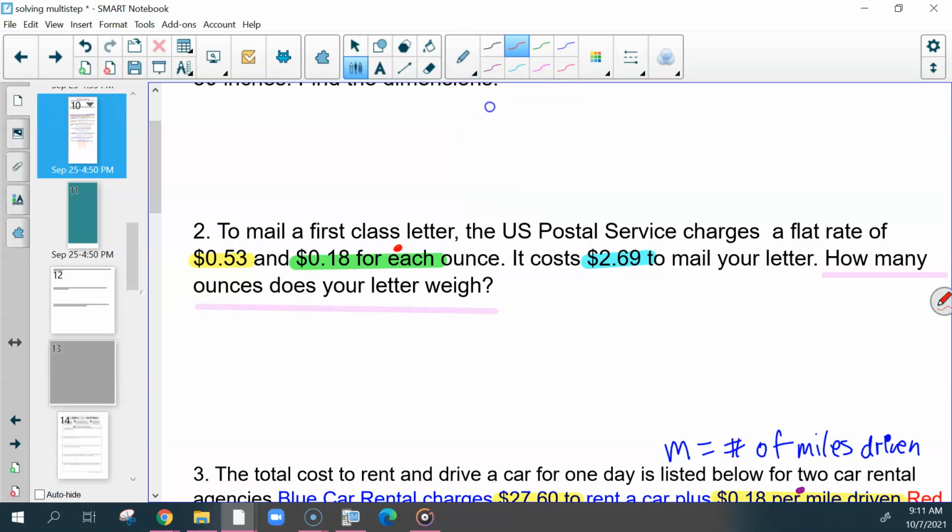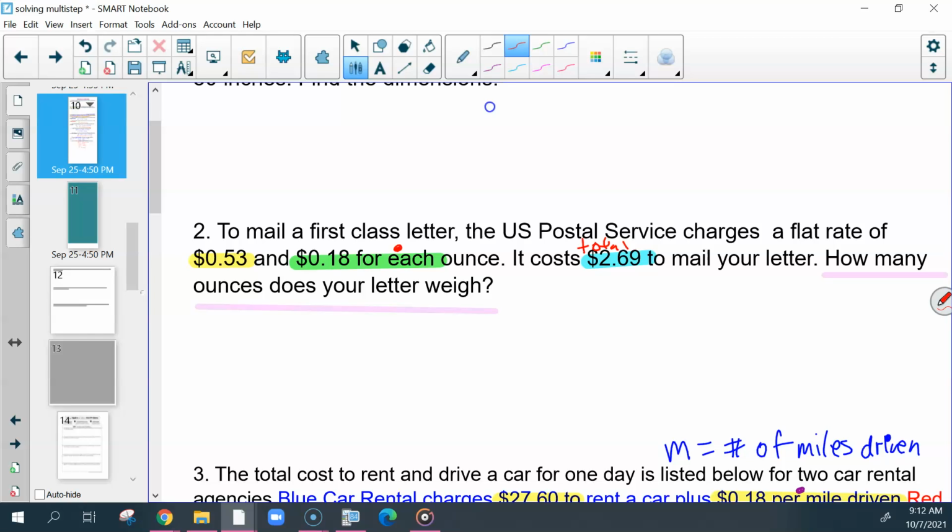If it costs $2.69, what did we do to these two to get this number? It's implying that it's talking about total, so you have to add.